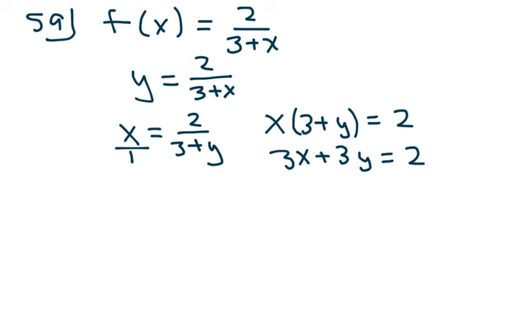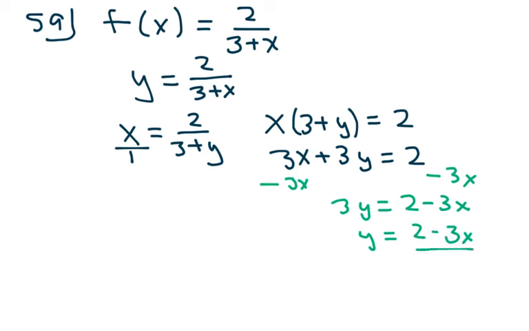Don't forget we're solving for y, so I'm going to subtract the 3x from both sides. So we get 3y equals 2 minus 3x, and then I divide both sides by 3. So you get y equals 2 minus 3x over x.